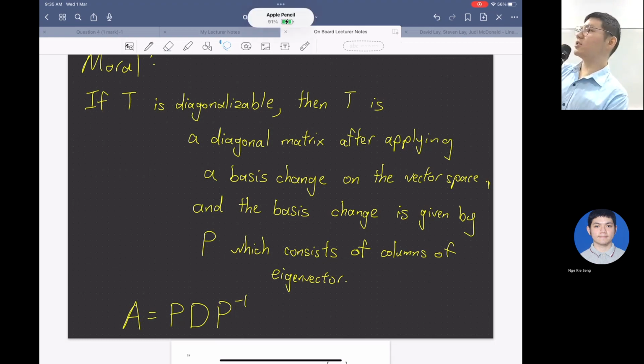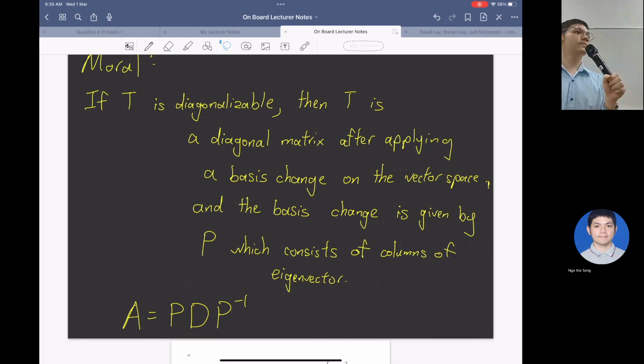How do you do the basis change to make it diagonal? It is the eigenvectors that give you the basis change. Change your basis into eigenvectors, then your linear transformation will act like a diagonal matrix. This is the story.